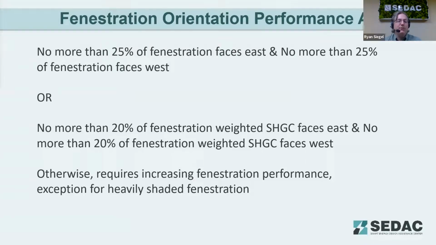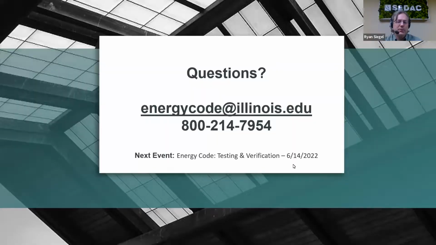So if you have buildings that have a high proportion of their fenestration facing east or west, then you may trigger this performance adjustment and have to improve the solar heat gain coefficient and U factor based on that ratio and that weighting. So with that, I believe we've got a couple more questions here.